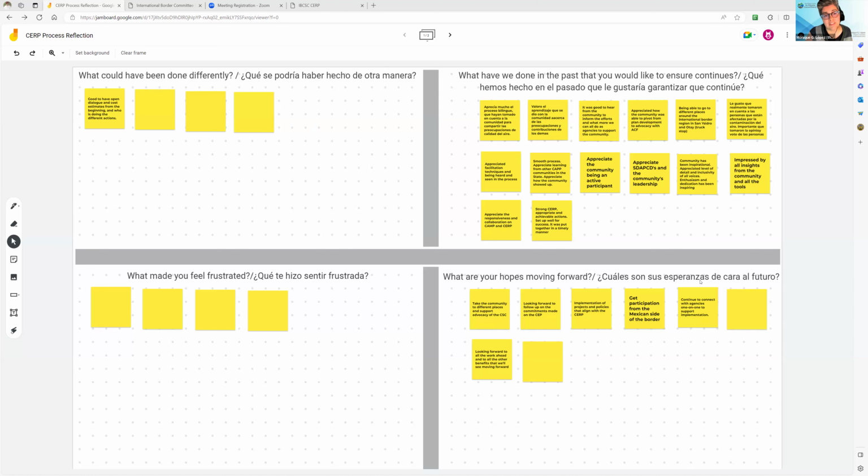So please, if anything comes to mind that is not on the board yet, feel free to add it, because we want to really be able to use this as our compass in some way, moving forward.